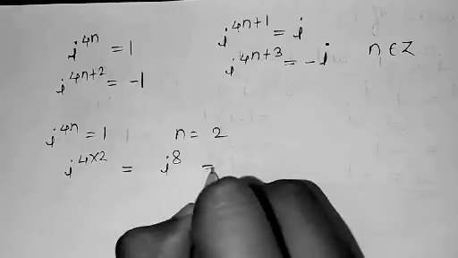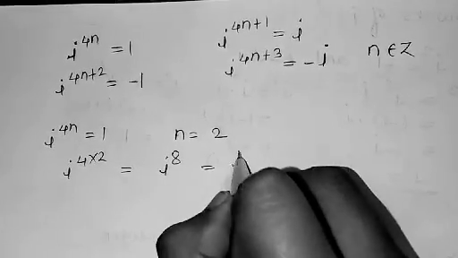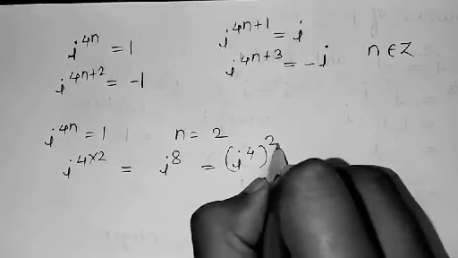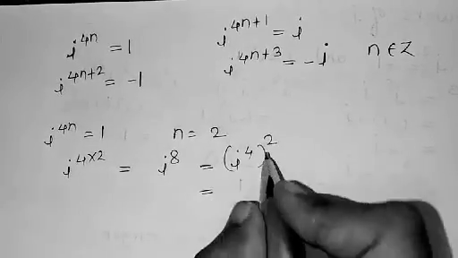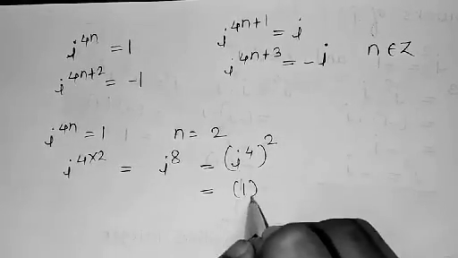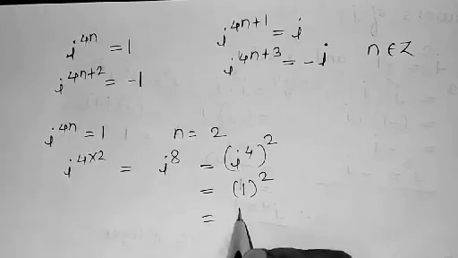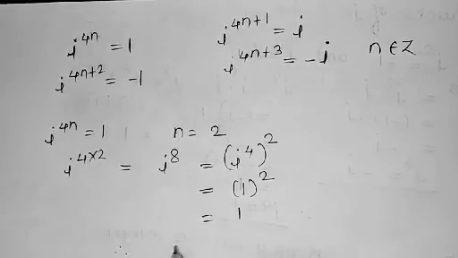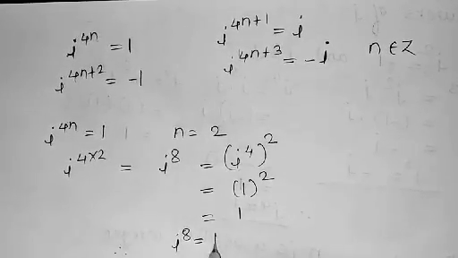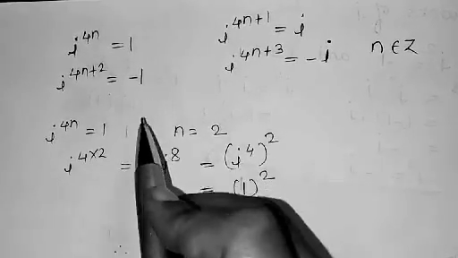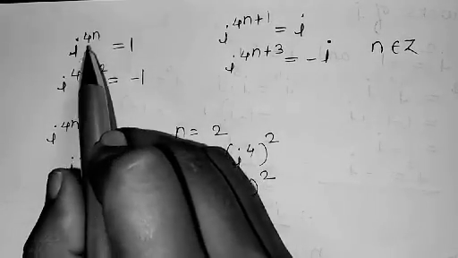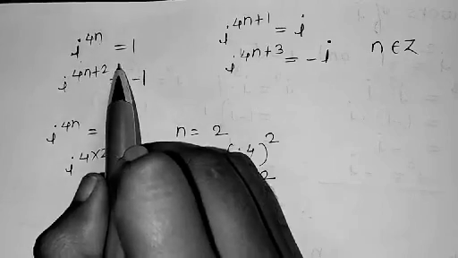This can be written as iota raised to 4 bracket square, and iota raised to 4 is 1. 1 square is equal to 1. Therefore iota raised to 8 is equal to 1. That is how iota raised to 4n is equal to 1 is proved.